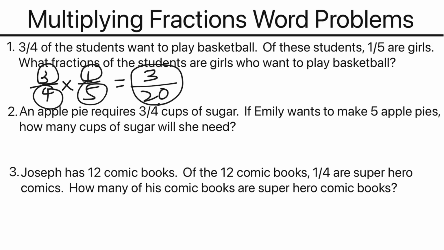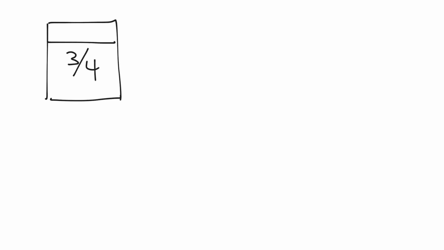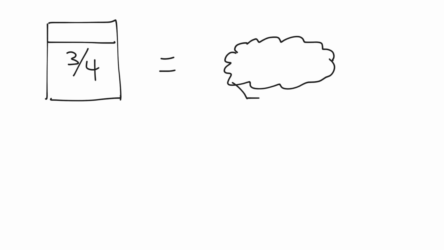And for the second example, an apple pie requires 3/4 cups of sugar. If Emily wants to make 5 apple pies, how many cups of sugar will she need? So first what we're looking at is 3/4 cups of sugar, and that's equal to 1 apple pie.